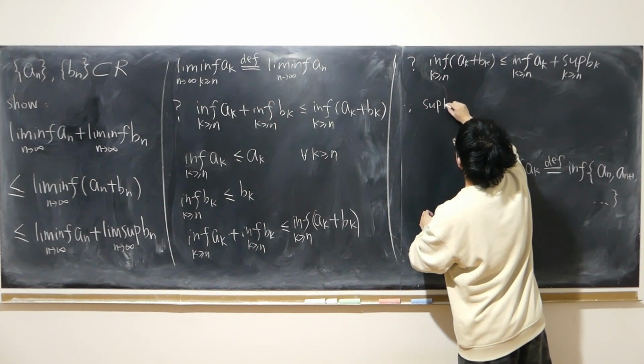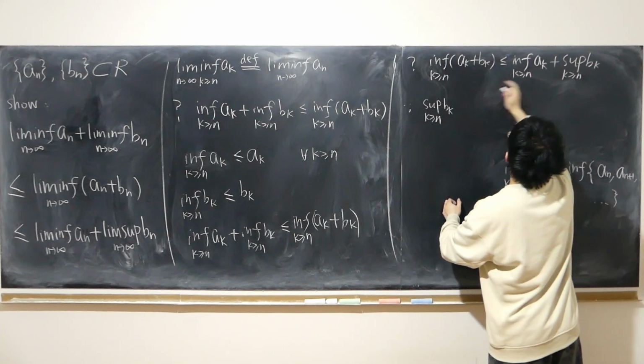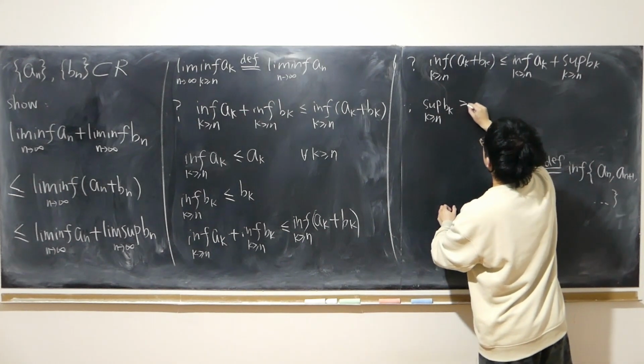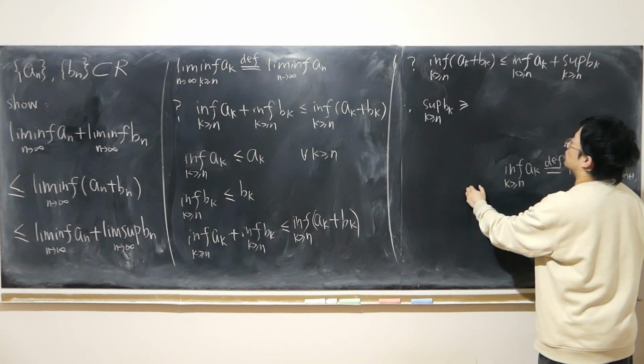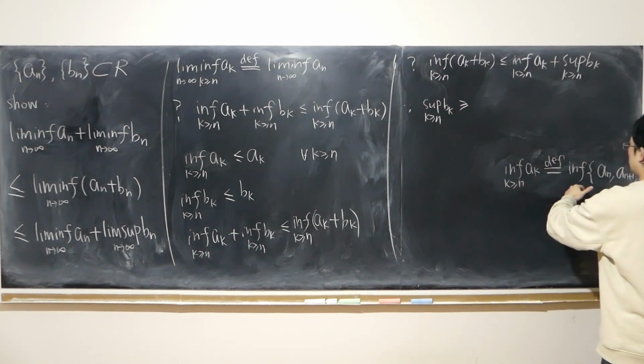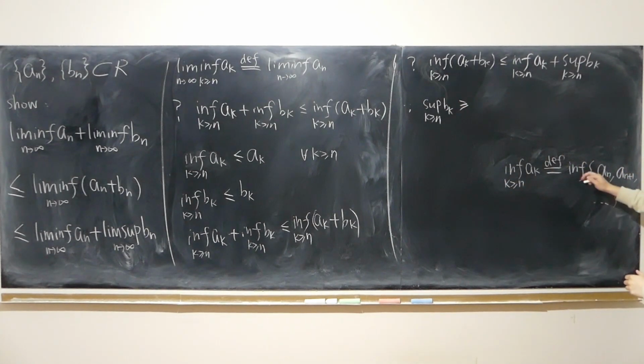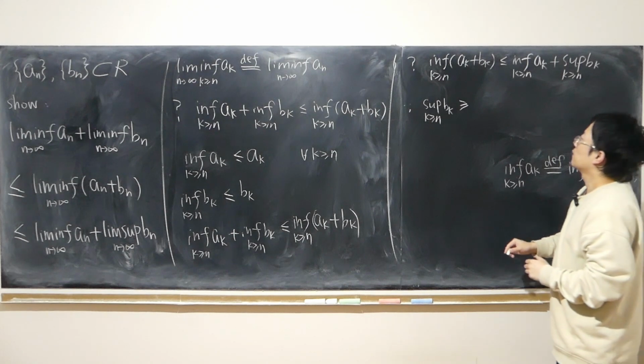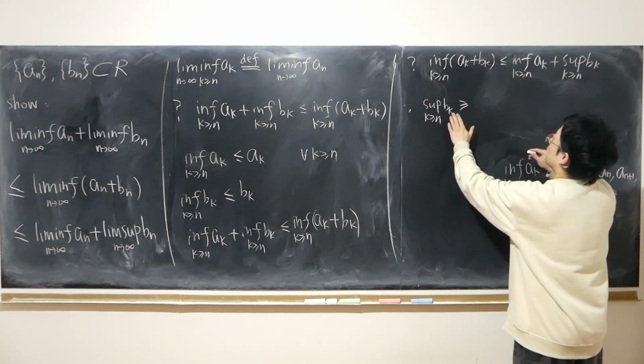Because the supremum of bk is bigger than or equal to something. Right? What is that? Any bk, change this into bk, any bk, k bigger than or equal to n, right? We already know that.